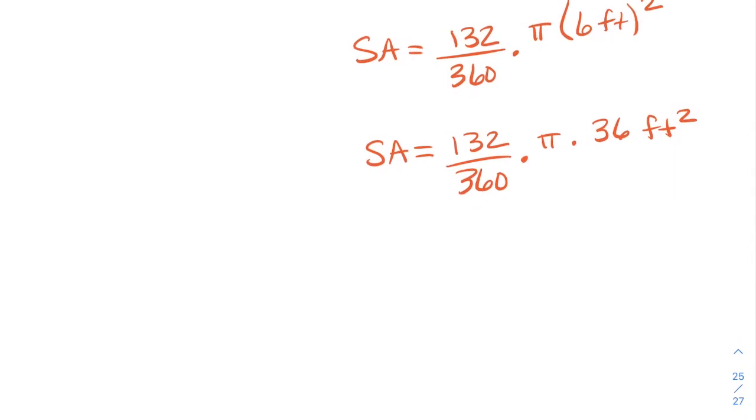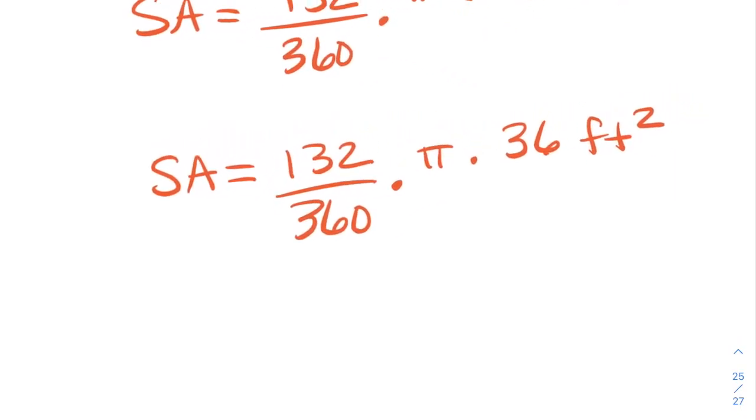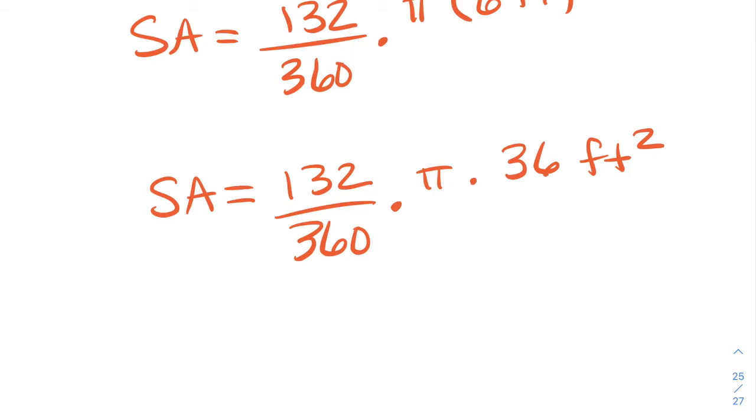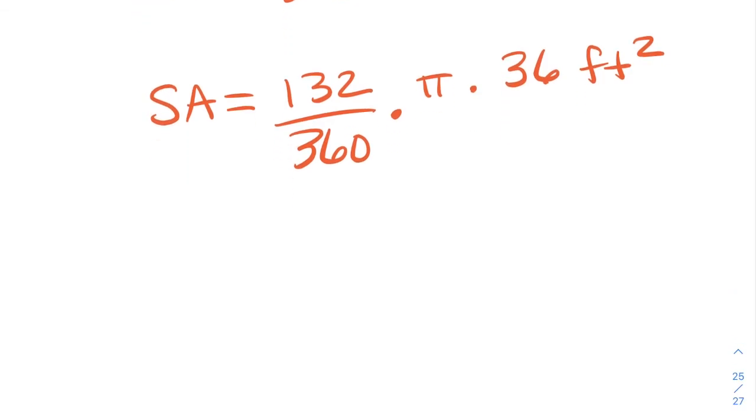Now we could simplify, or we can multiply across. What I'm seeing right here is that 36 and 360 both have a factor of 36. That would make it 1/10, and then it looks like 132 can be divided by 2 as well. You know what? Let's just multiply it right across.